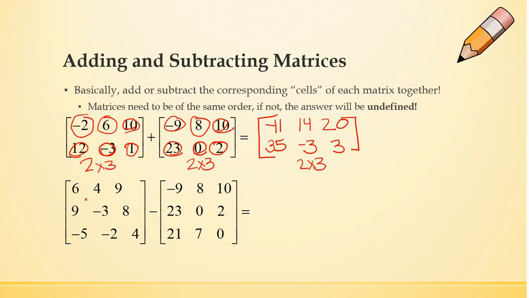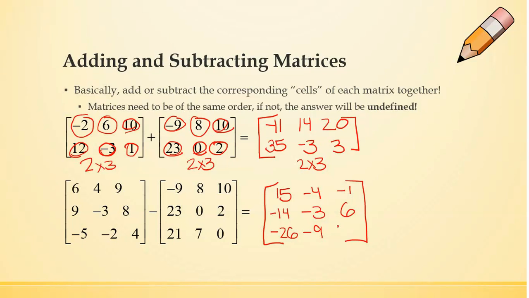That will always happen. Let's try these 3 by 3s. So 6 minus a -9. Careful, we're subtracting now. So 6 minus a -9 is 6 plus 9, which is 15. 4 minus 8 is a -4. 9 minus 10 is -1. 9 minus 23 is a -14. -3 minus 0 is still just -3. 8 minus 2 is 6. -5 minus 21 is -26. -2 minus 7 is -9.